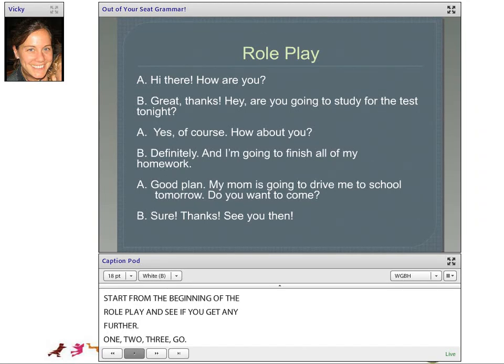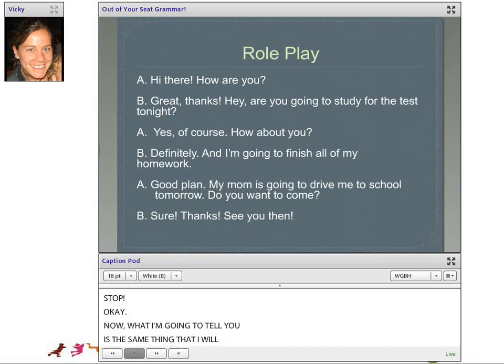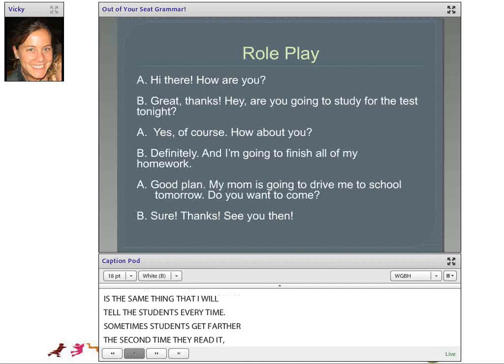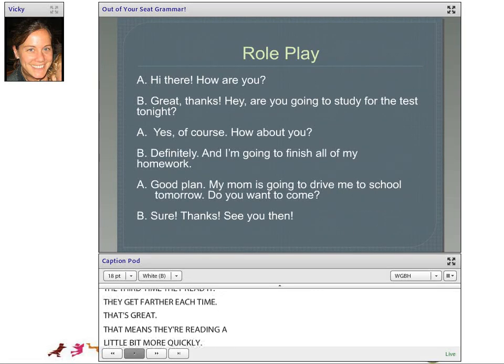Stop. Okay, now what I'm going to tell you is the same thing that I will tell the students every time. Sometimes students get farther the second time they read it, the third time they read it. They get farther each time, and that's great because that means that they're reading a little bit more quickly. Other times, students or webinar participants don't get farther.